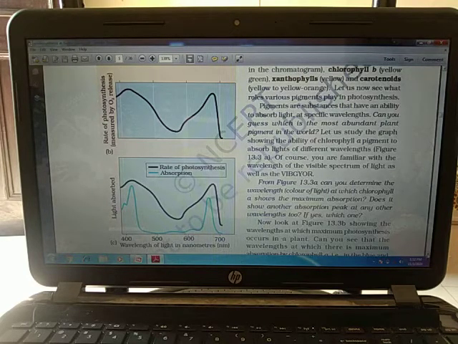Carotenoids have conjugated double bonds, that is carbon double bond, carbon single bond, carbon double bond, carbon single bond. They are of two types, carotenes and xanthophylls.